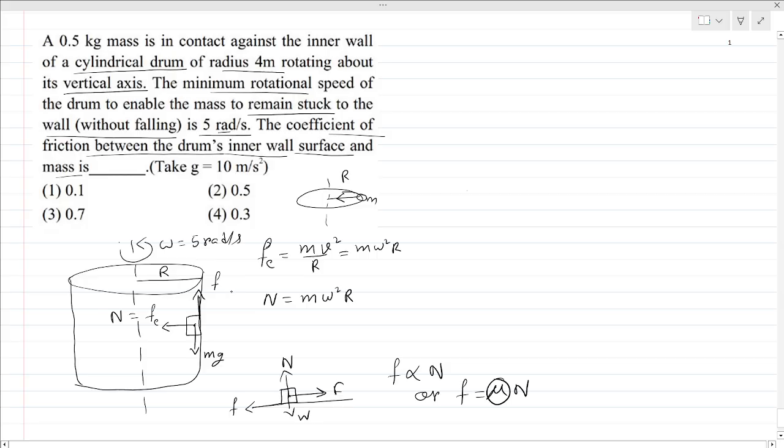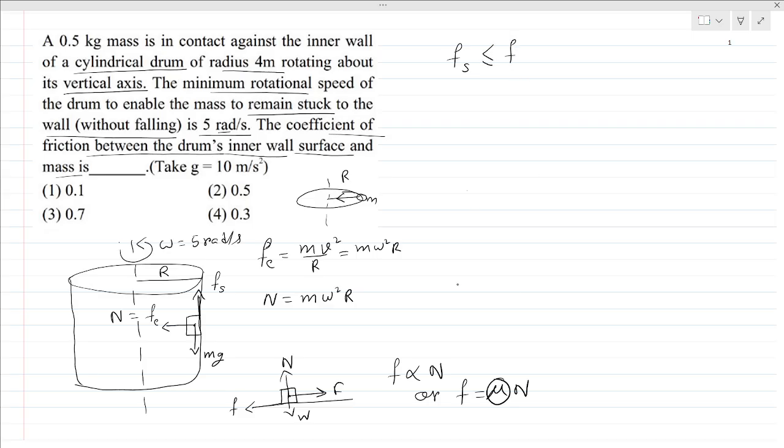Okay, so that means the frictional force Fs. Now my question is, what will be the minimum frictional force that is required for the mass m to stick on the inner surface of the drum, which will be Fs less than or equal to friction f.